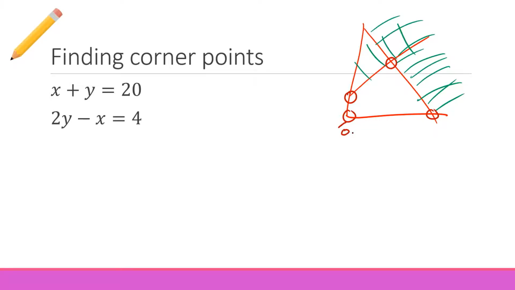This one is 0, 0. This one and this one we could find from the intercepts, but this one we can only find by looking for the intersection between these two lines, which happens to be the solution for those two lines. Now, there are many ways to find the solution of a simultaneous equation.